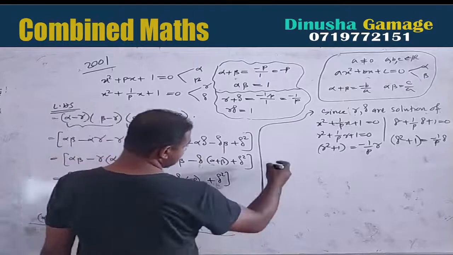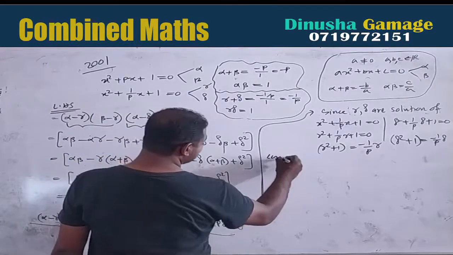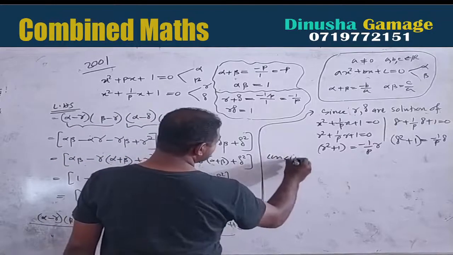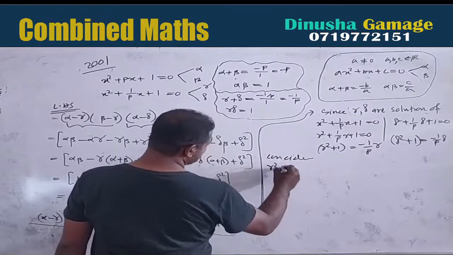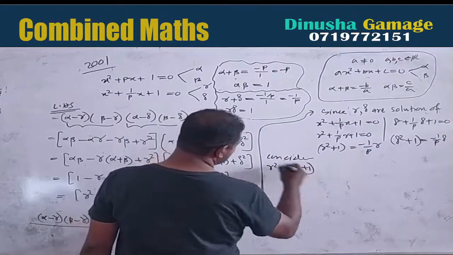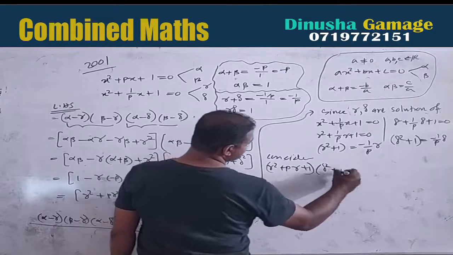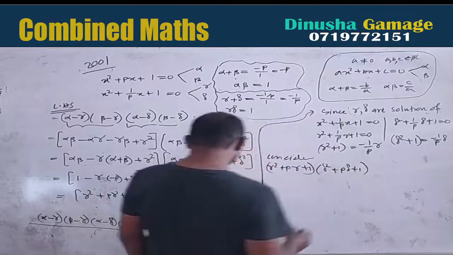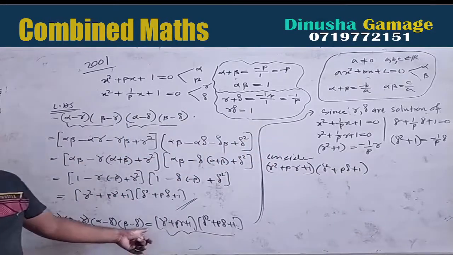You consider gamma square plus p gamma plus 1 into delta square plus p delta plus 1. I consider the right hand side of the previous equation.